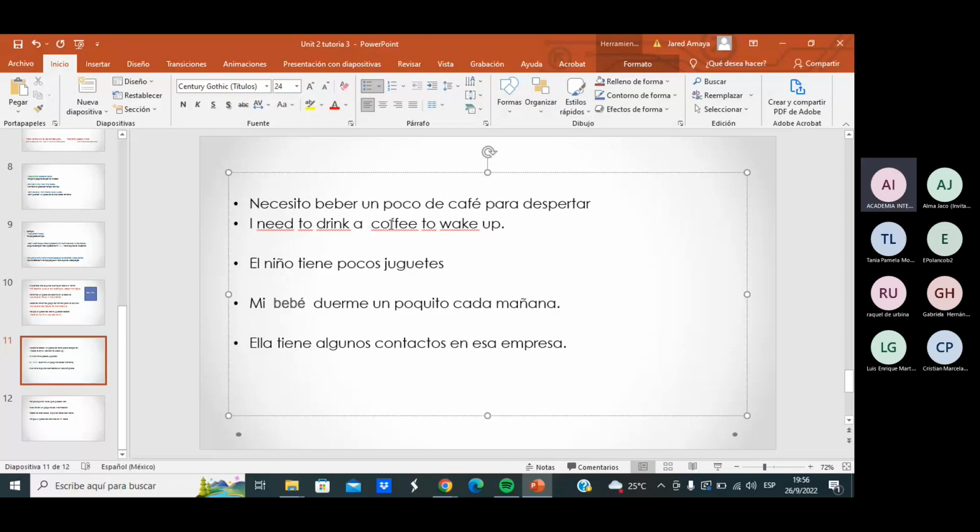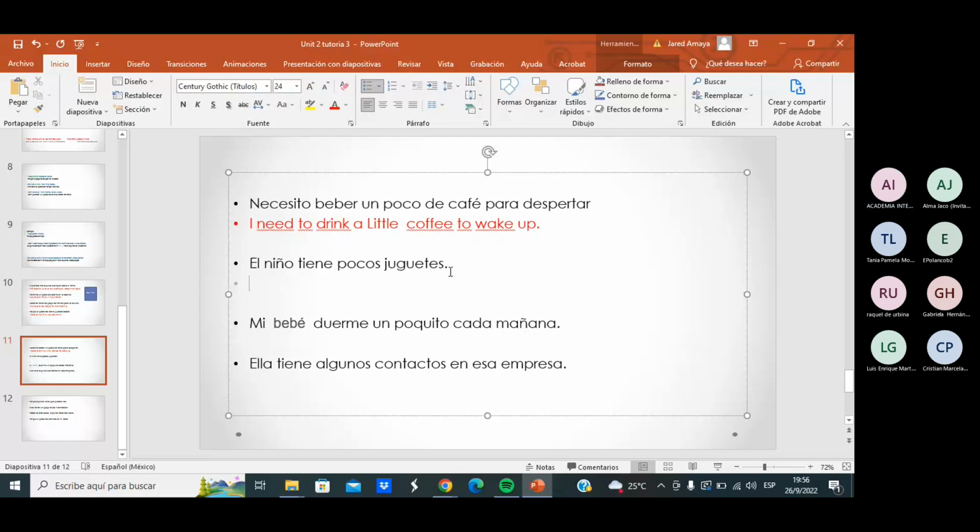We can use a little, and that one is correct because, as you said, coffee is uncountable, and we only use a little with uncountable nouns. It's clear that. ¿Está claro eso? Y por si se han confundido, ¿verdad? Muy bien.